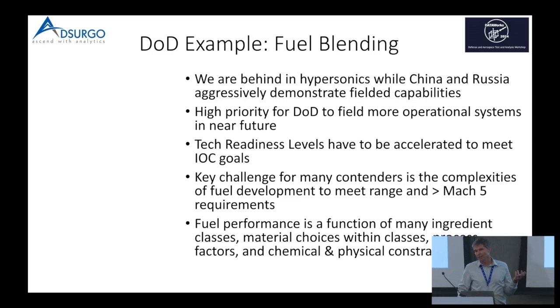The context of this use case is that we are rapidly trying to get capability in hypersonic weapons, and they become hypersonic typically because of the fuel, and that's probably the most important part to get right. So we've been doing a lot of work trying to make sure that we can exceed Mach 5 using solid fuel ramjet and these type of technologies. But it all comes down to chemistry.